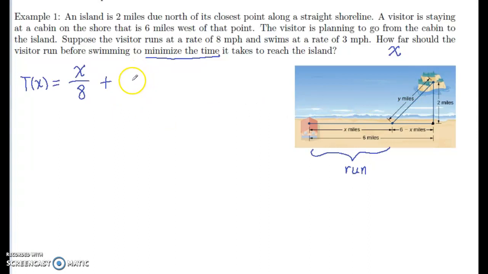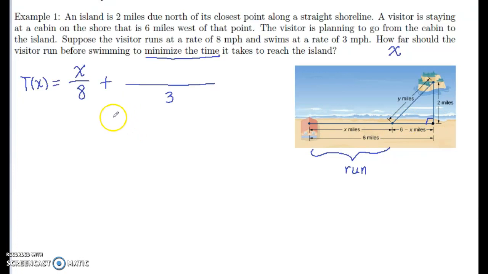So we have to add the time, and it's still distance divided by the speed, and we know the speed of his swimming is 3 miles per hour. And what is this distance right here? It is y. And how do we calculate y? We need to use the known condition, which is 2 miles here, and what is left here is 6 minus x, and it's a right triangle.